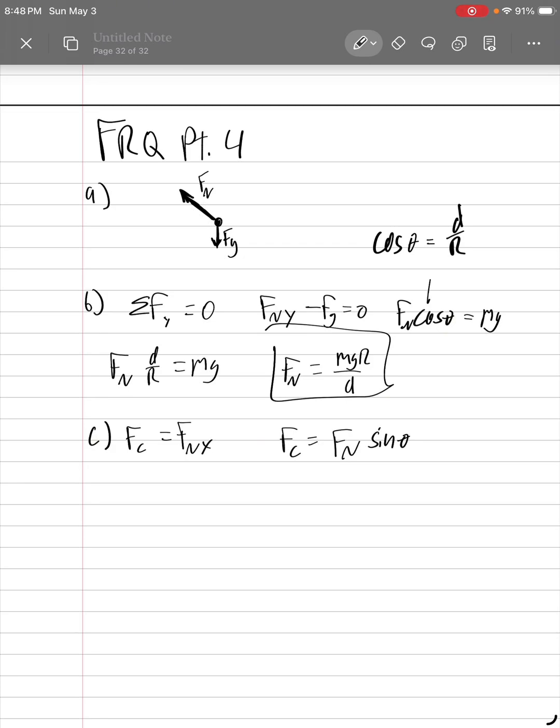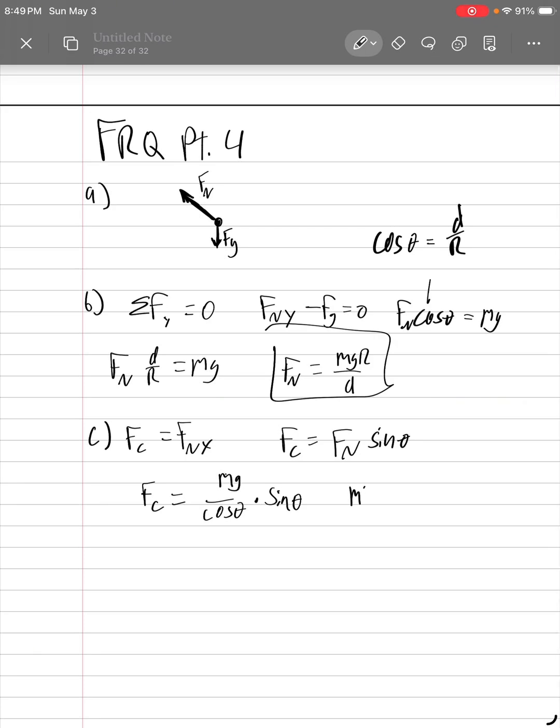And now we can take Fc is equal to mg over cosine theta, which is what we found earlier, simply taking the d over r and replacing it back with cosine theta. And so we're also going to have to multiply that by sine theta.